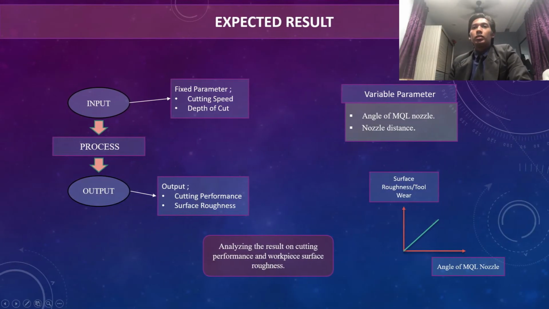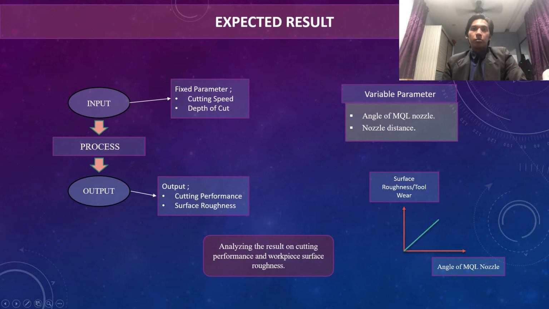Okay, this is our expected result. As we can see, the input is our fixed parameters, which are cutting speed and depth of cut. Then we continue to our milling process. After we get the output, we analyze the result on the cutting performance and the surface roughness of the workpiece.